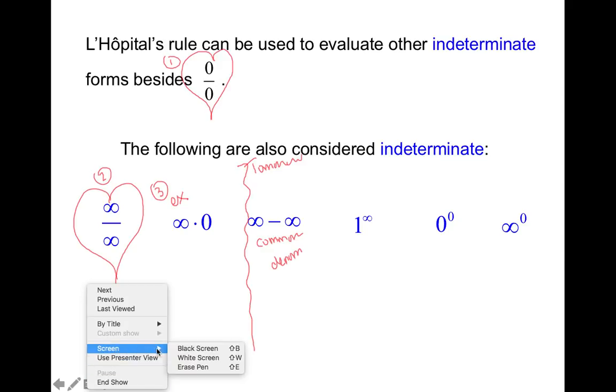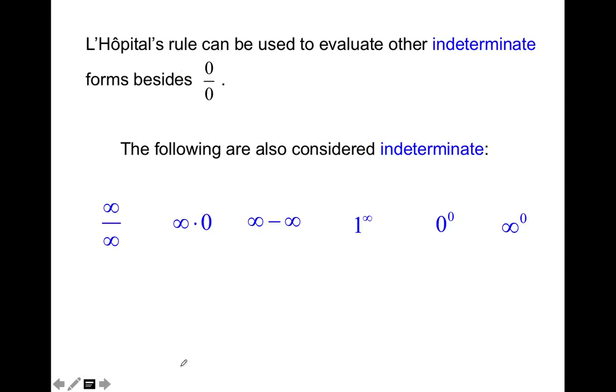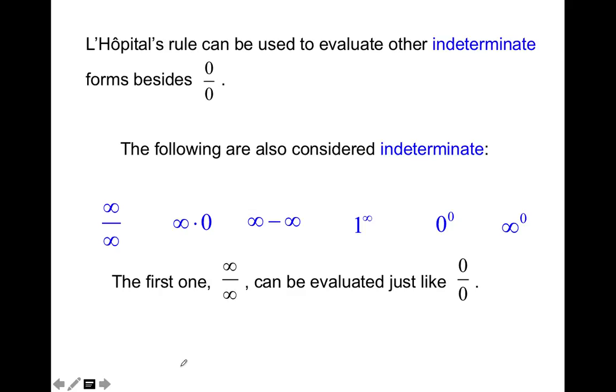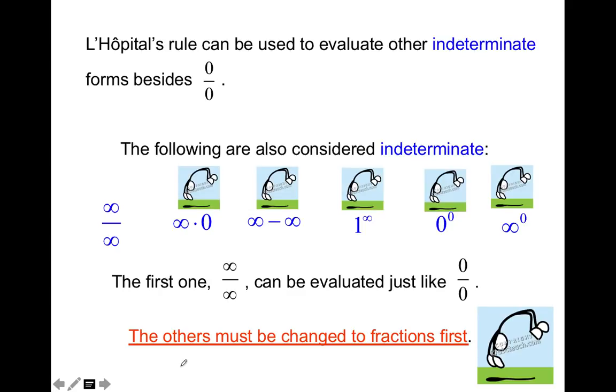I call that, hey, what's up? I call this doing backflips. So if I don't have 0 over 0, if I don't have infinity over infinity, I have to do algebraic backflips to get myself into either 0 over 0 or infinity over infinity.